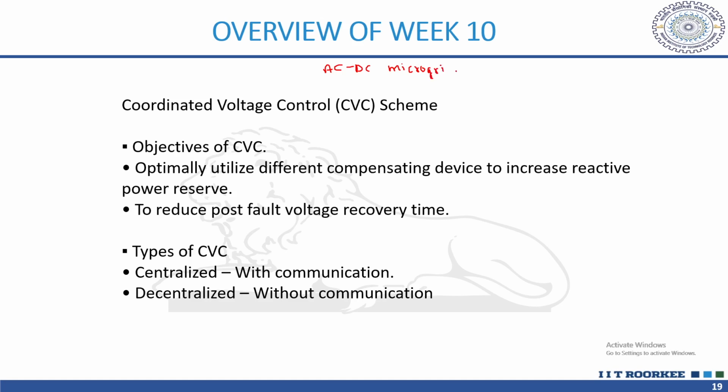Here for the voltage control scheme, the objective is optimal usage of different devices and to increase the reactive power reserve. Can anyone tell why we want to increase this reactive power reserve? Why is it an objective?